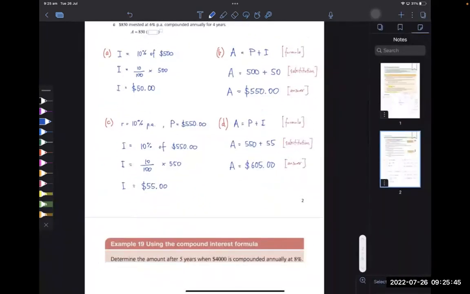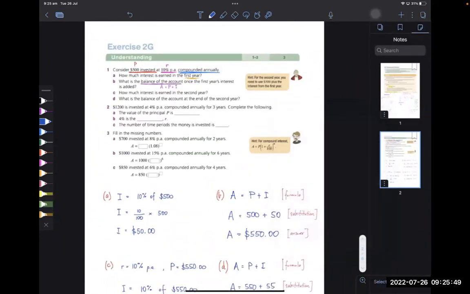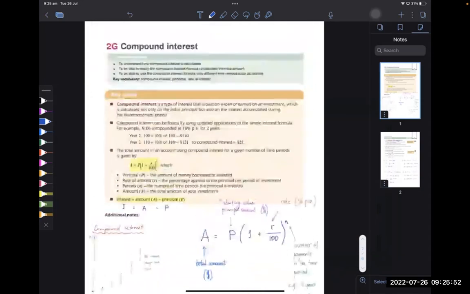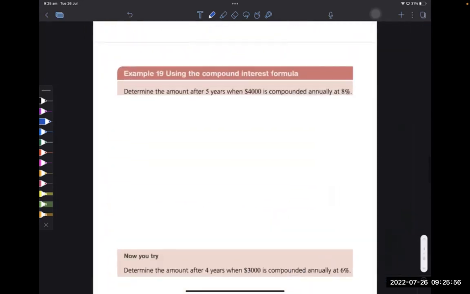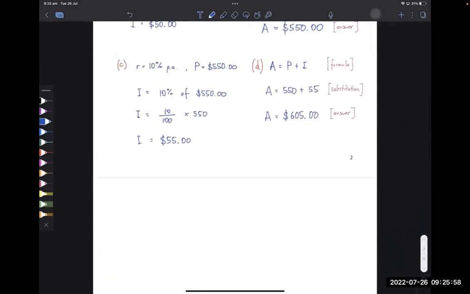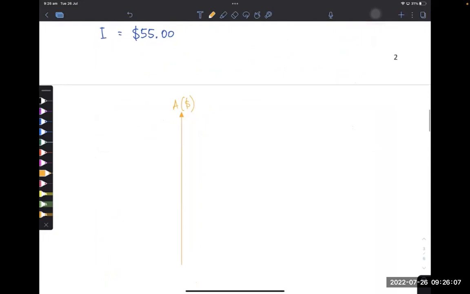If I was to put this on a graph, showing your amount in dollars. And this here is going to be N, which is going to be the number of years.